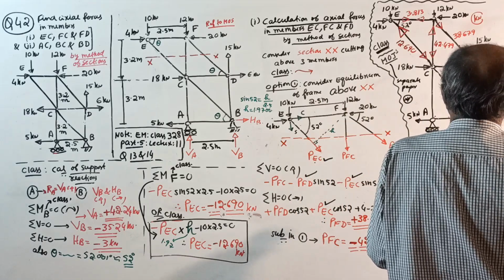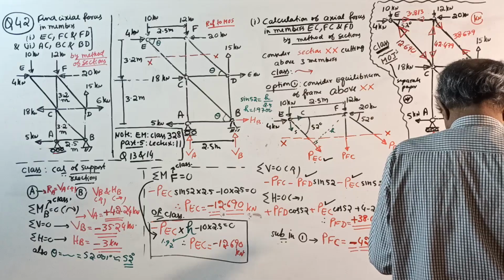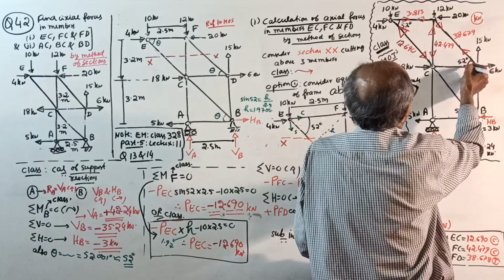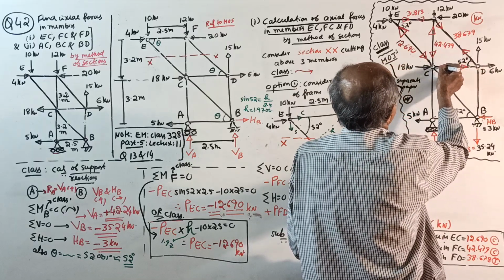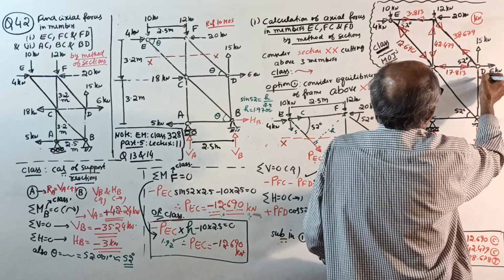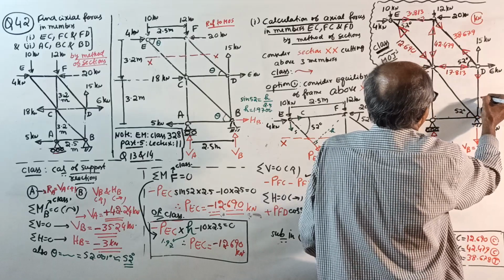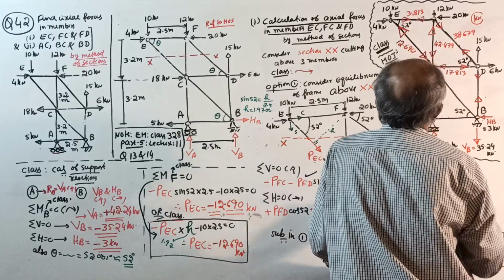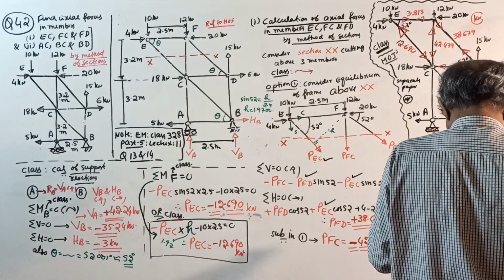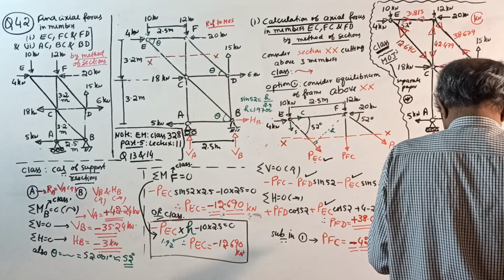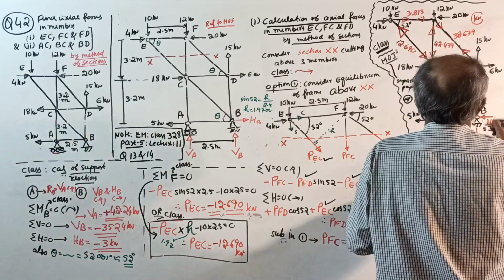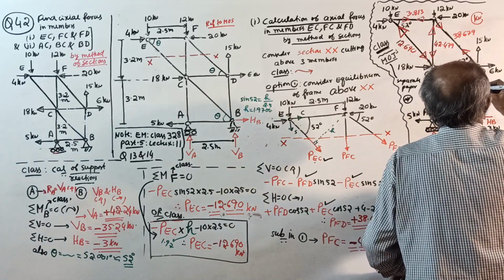Both are okay. Sigma V, sigma H. 17.813. Left or right? 17.813 and vertically down. 38.679, 17.813 is not required, 15, .479.